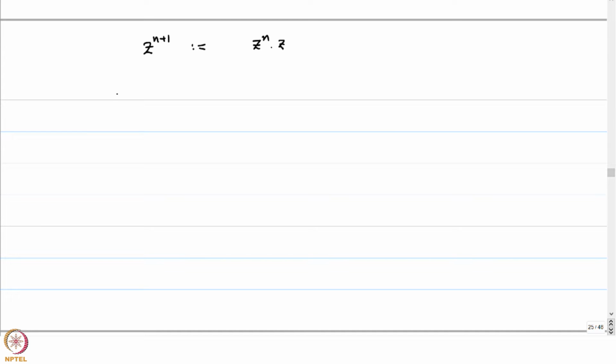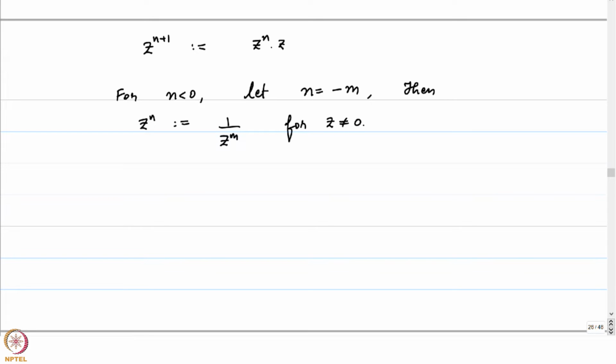What if n is negative? So for n less than 0, let n be equal to minus m. Then z to the power n is defined to be 1 by z to the power m for z not equal to 0. We can't talk about inverting 0, right? So for z not equal to 0, z to the power n is defined as 1 by z to the power m, where m is minus of n.